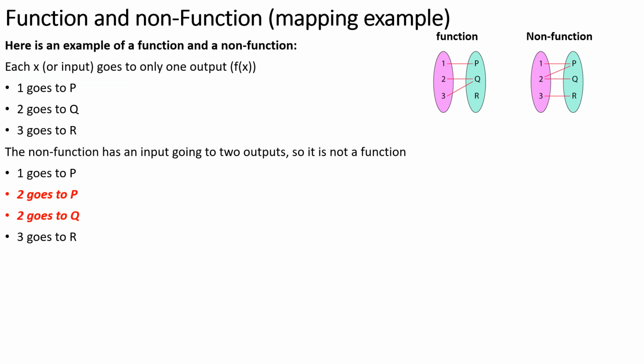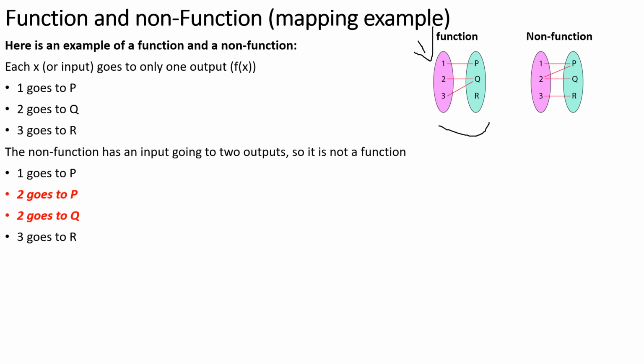Now, when we look at a function versus a non-function, you see this little series of ovals right here on the left. A function will have an input, which is the purple right here, and 1 goes to P, 2 goes to Q, and 3 goes to Q. Now notice that I got both 2 and 3 going to Q, but that's okay.